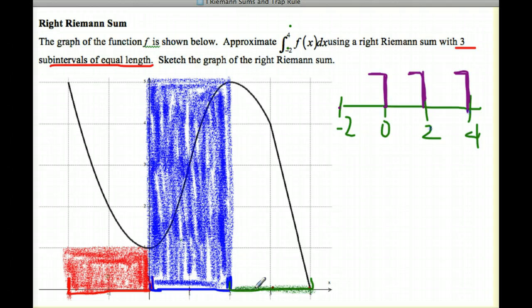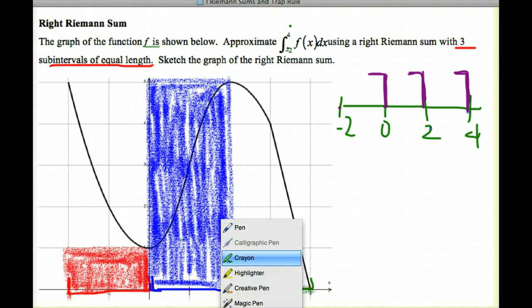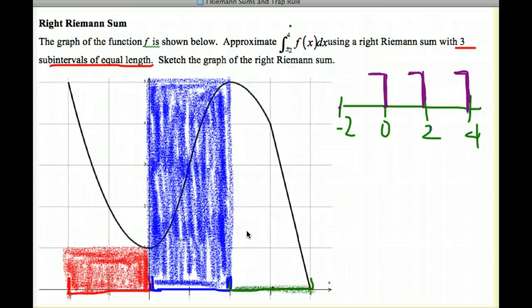So what we're going to do is take the width, oops, let me use a clearer pen. We're going to take the width times the height of this rectangle plus the width and the height of this rectangle plus the width and the height of this rectangle. And I notice the width of every single rectangle is 2.